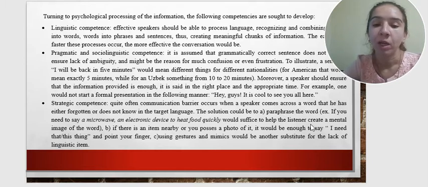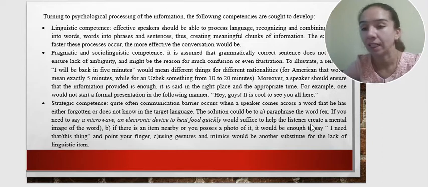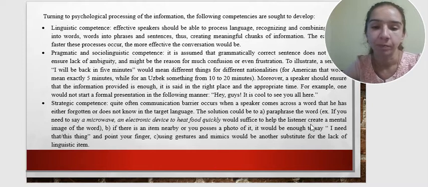If there is an item nearby, or you possess a photo of it, you can just point to it and say, I need this thing or I need that thing. This is applicable only if you have that thing just nearby. And using gestures and mimics could be another substitute for the lack of linguistic item.